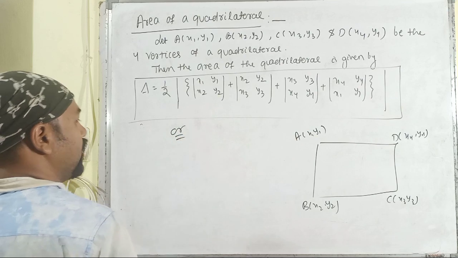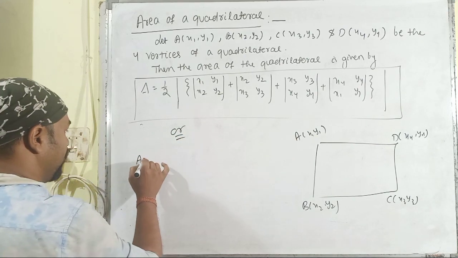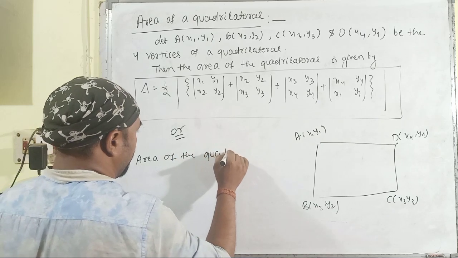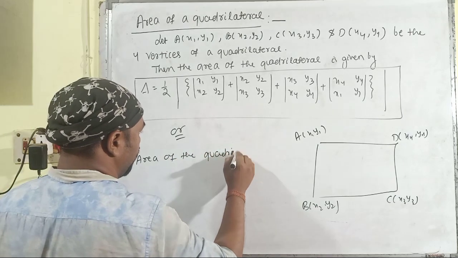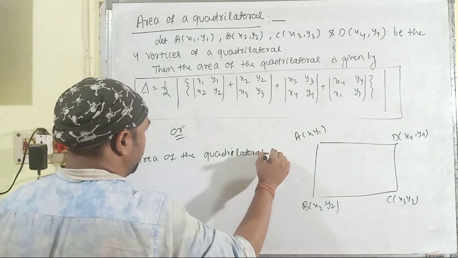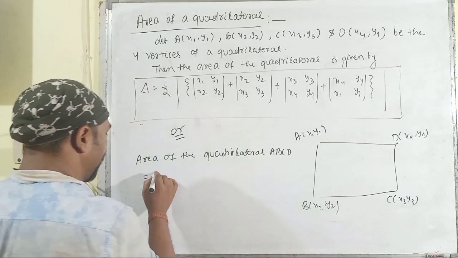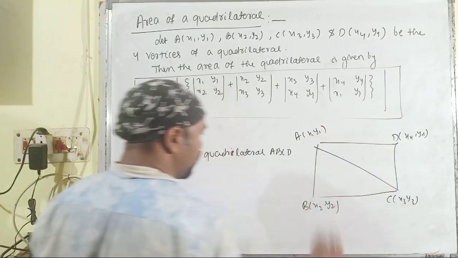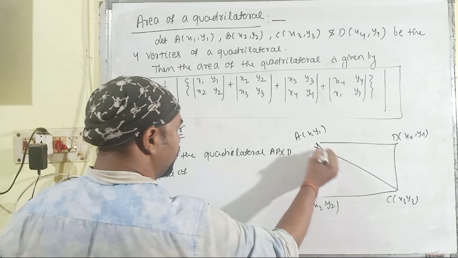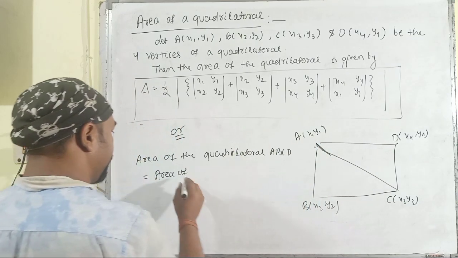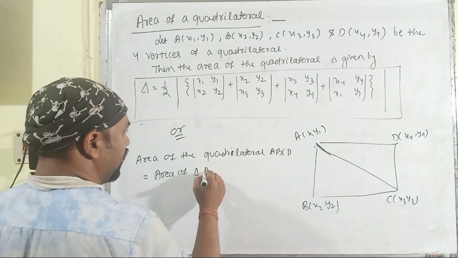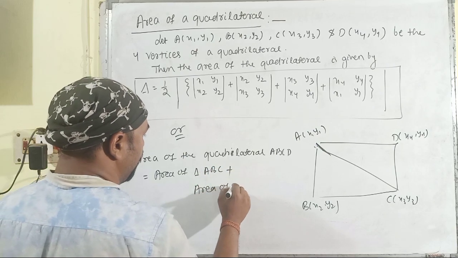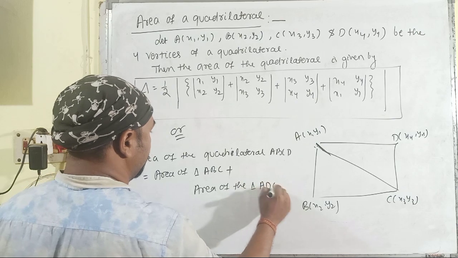Or also you can find out the area of the quadrilateral ABCD as the area of, let us draw a diagonal here, AC, then the area of the triangle ABC plus the area of the triangle ADC.